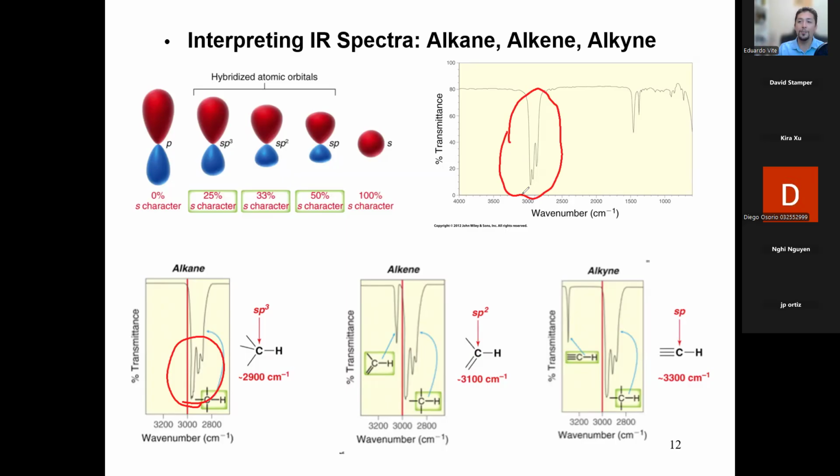If you have nothing else but that, you can tell me it's some sort of alkane, alkene, or alkyne. But if you have other stuff, it's pretty useless because, of course, there is a carbon-hydrogen stretch. It's an organic compound. Everything has carbon-hydrogen in it. So that's always going to be present in all of your spectra. The only time it makes a difference is if you notice there is this very sharp, weak peak next to the stalagmites.